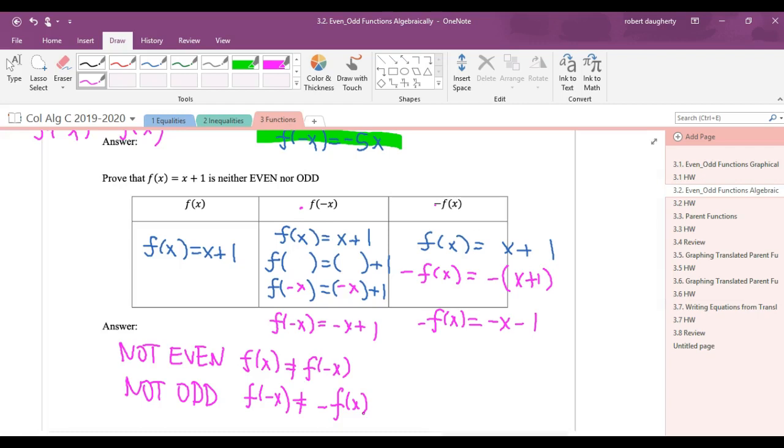If you can show me it's not even and not odd, I can understand that it's neither. You don't have to say neither, but you have to give me both reasons. If it's neither even nor odd, you have to prove it's not even and it's not odd. And that's how I proved this particular case.